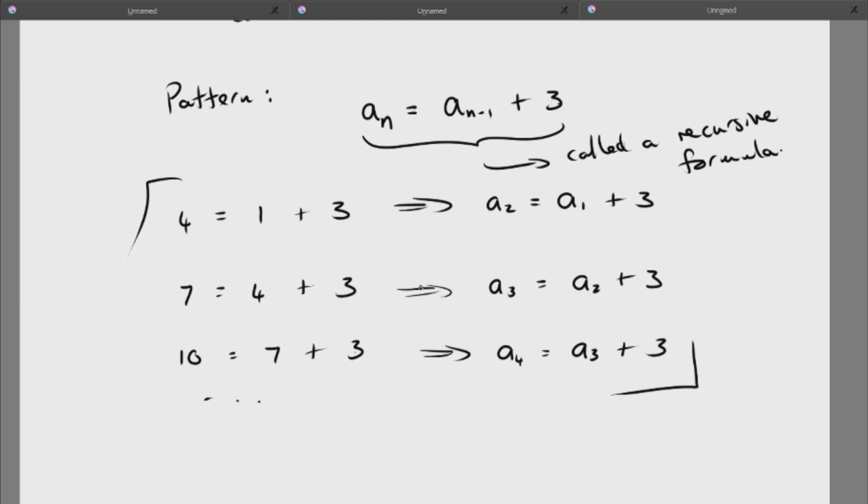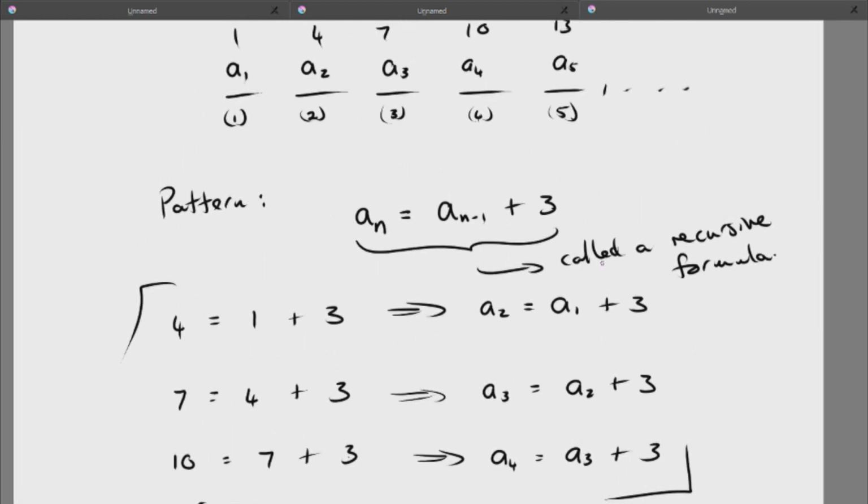By just having the information, add 3 every time. Why not? I need to know where to start, or it's going to be many different kinds of sequences. So in a recursive formula, there is one thing missing, and I need to know the starting position.